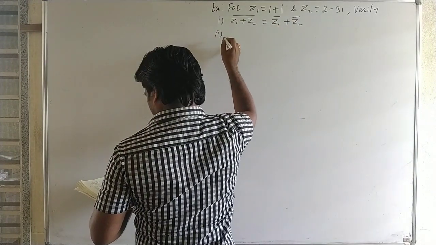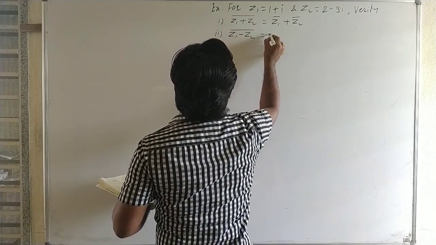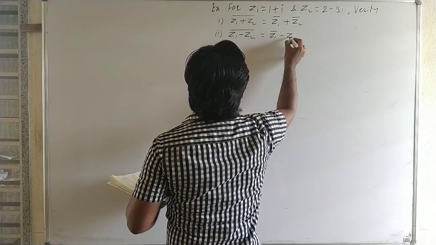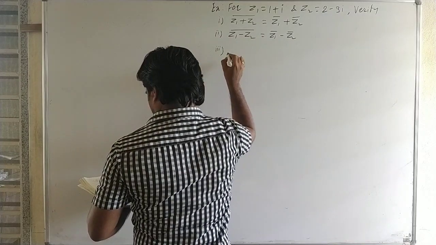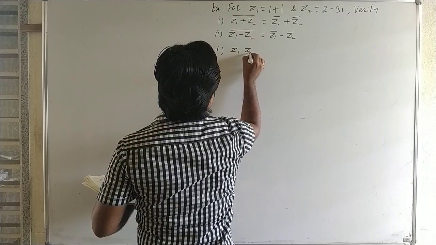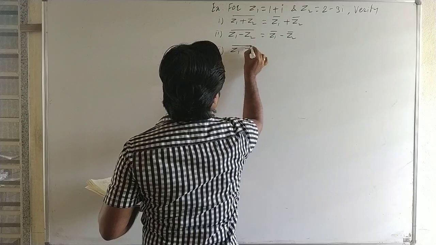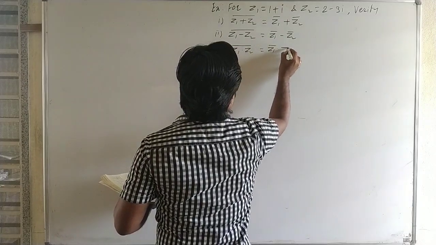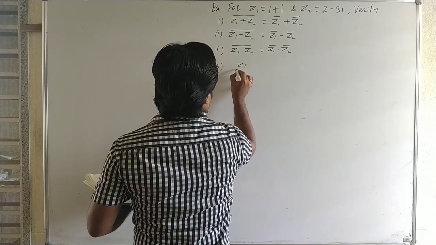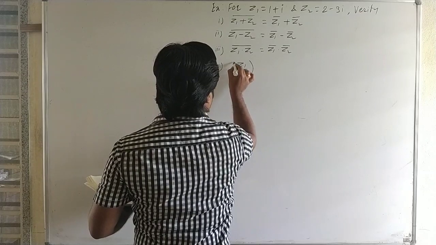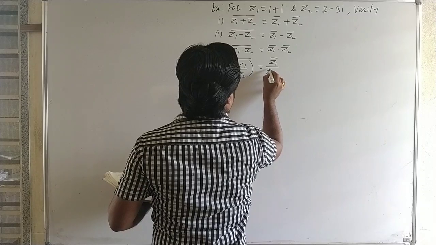Number 2, conjugate of z1 minus z2 is equal to z1 bar minus z2 bar. 3, conjugate of z1 into z2 is equal to z1 bar into z2 bar, and last, division, conjugate of z1 upon z2 is equal to z1 bar upon z2 bar.